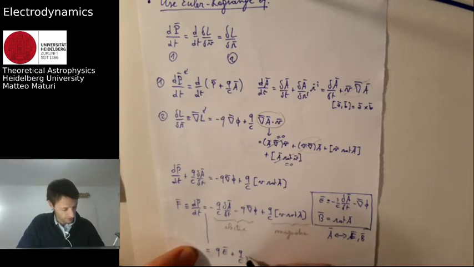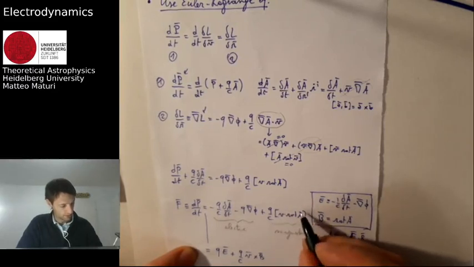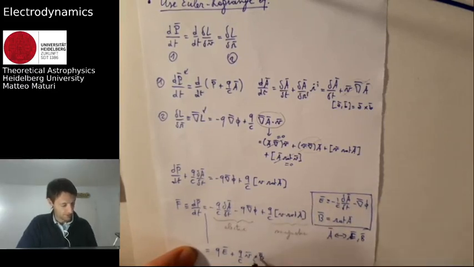Now I just write it as v cross B. Remember that this is the cross product, and this is the Lorentz force.